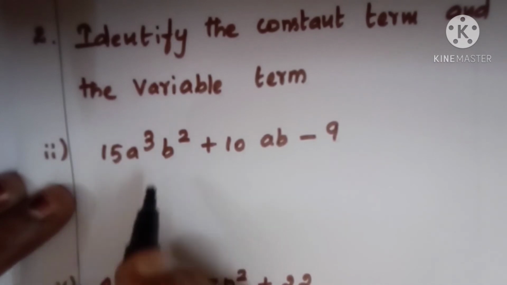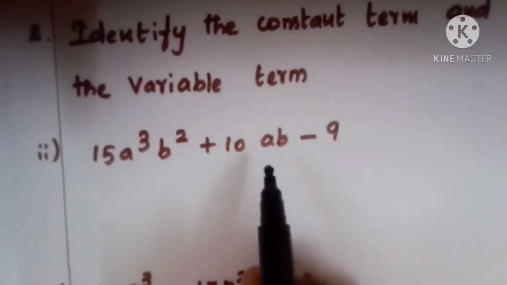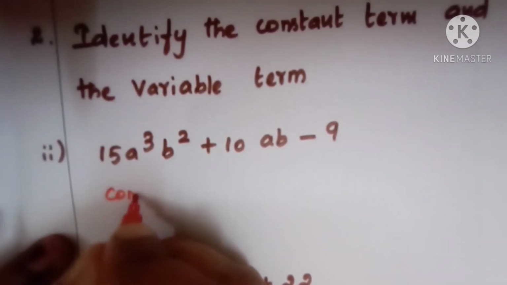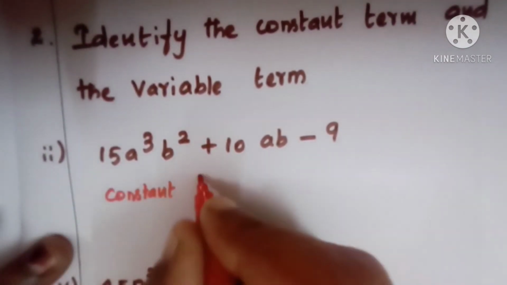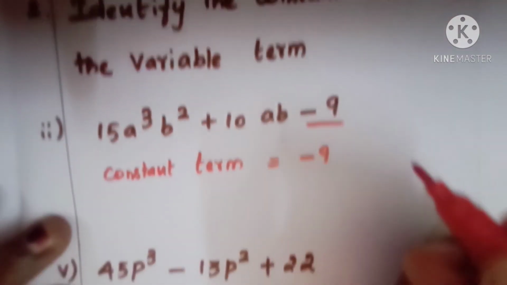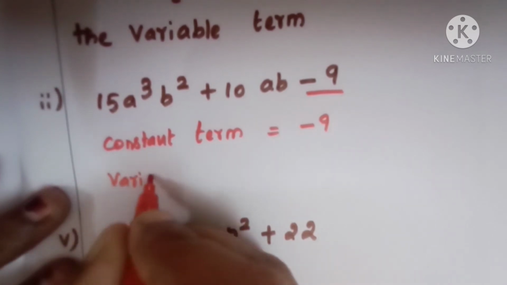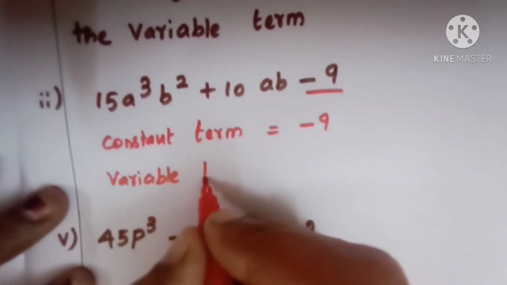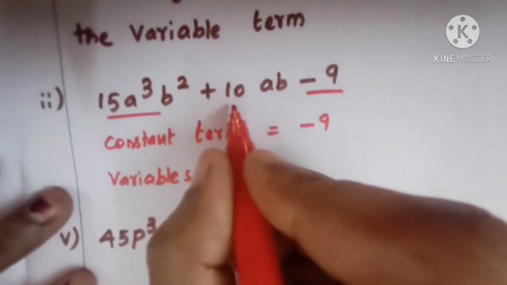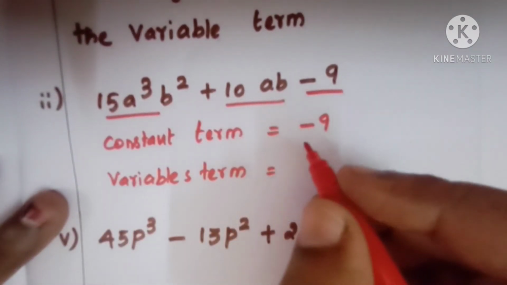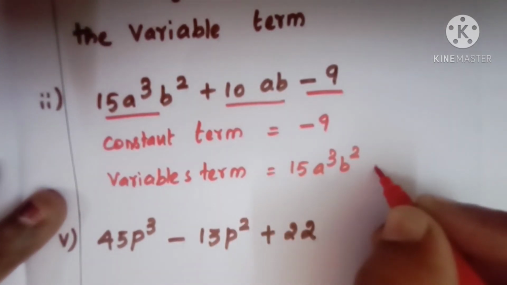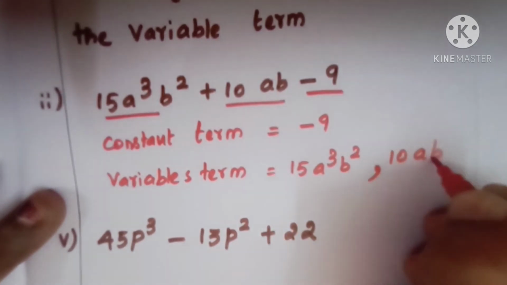Identify the constant term and the variable term. 15a cube b square plus 10ab minus 9. Here the constant term is minus 9. And the variable terms here, it has two variable terms: 15a cube b square, 10ab.